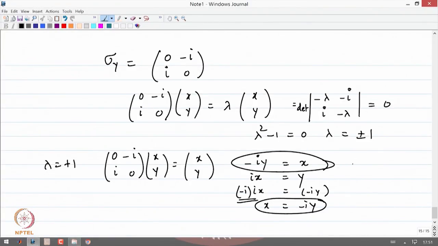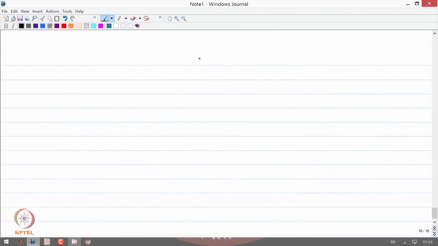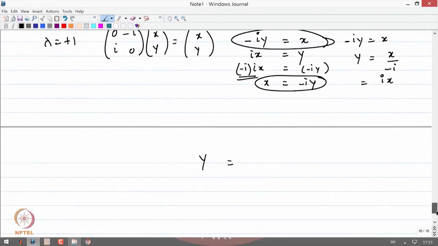So if minus Iy is equal to x, essentially y is x by minus I, which I would write as Ix, because 1 by minus I is plus I. So we have an equation which is y is equal to Ix.